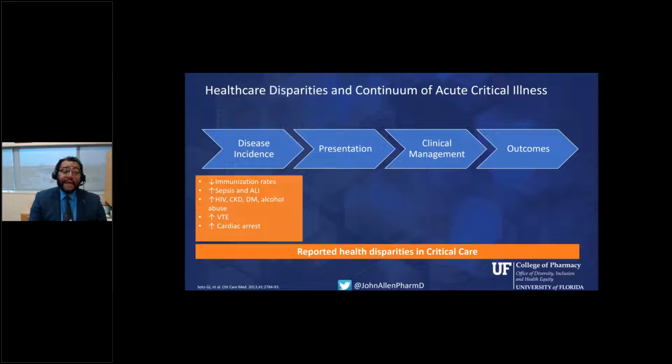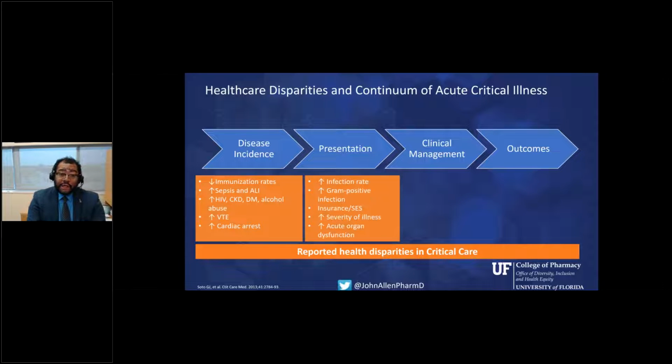Various studies suggest that among racial and ethnic minority groups. Additionally, disease incidence with respect to HIV, chronic kidney disease, diabetes mellitus, as well as alcohol abuse, there has been data that shows that there are increased rates of those diseases in racial and ethnic minority groups, but also increased risk of VTE and increased risk of out of hospital and in hospital cardiac arrest.